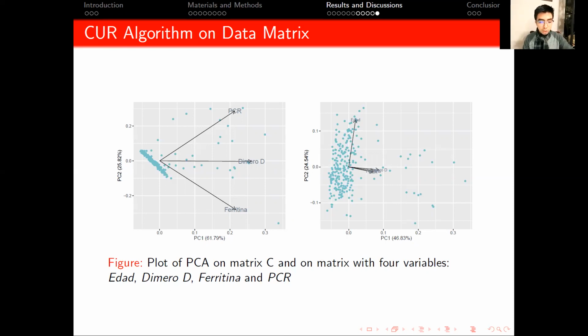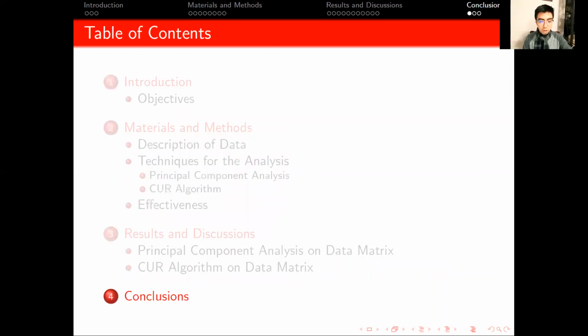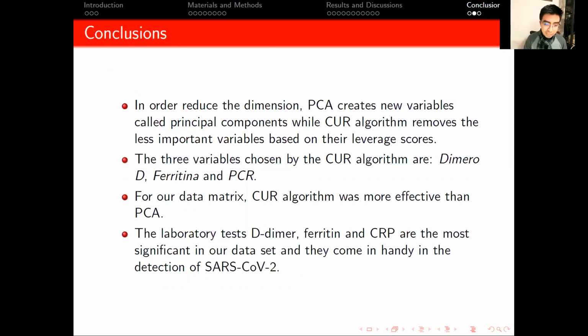Through this presentation, we focused on dimensionality reduction techniques and how we can use them to contribute more information about the detection of the virus SARS-CoV-2, which is COVID-19. Of the conclusions, we considered two techniques, PCA and the CUR algorithm.